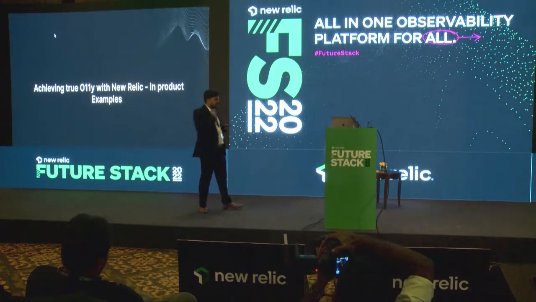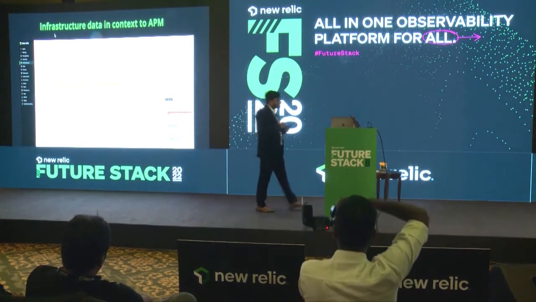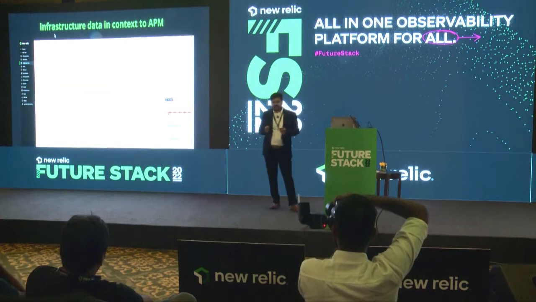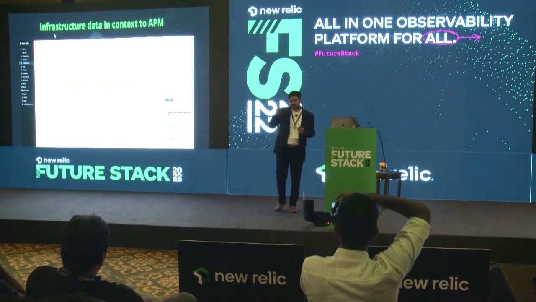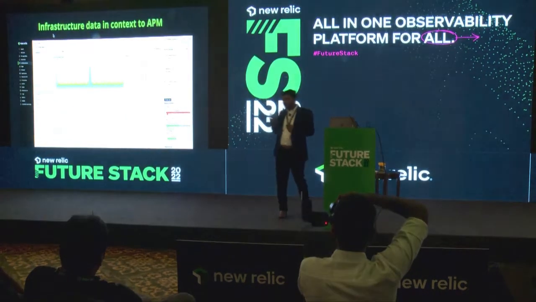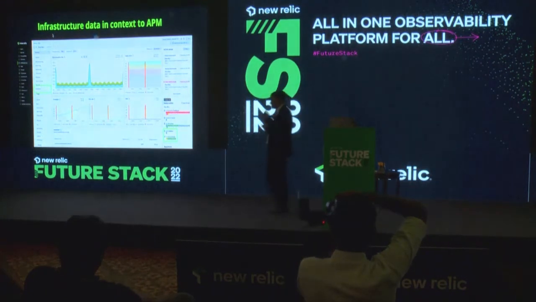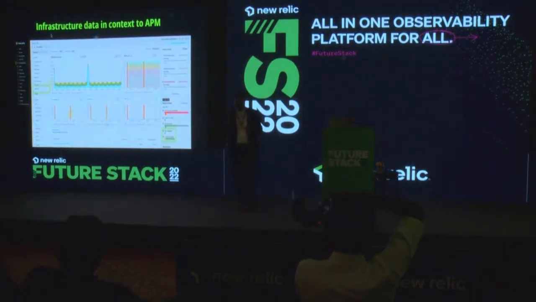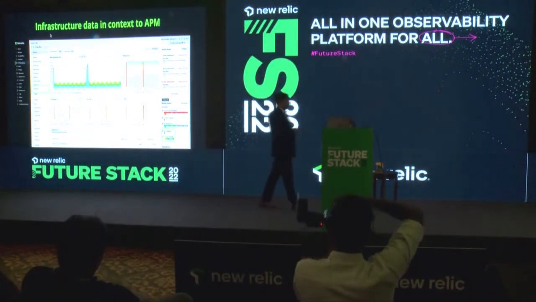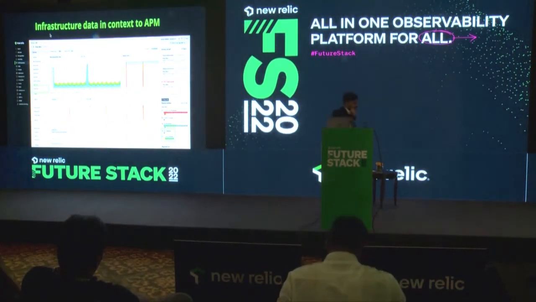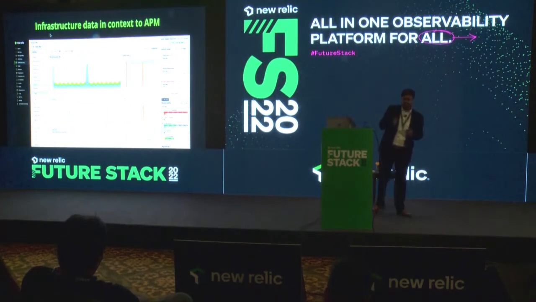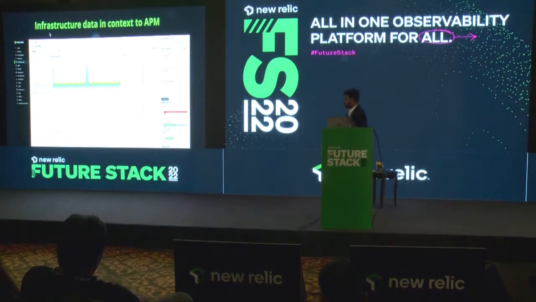Not anymore with Relic. With Relic, as you now notice, alongside your application data, you have in context infrastructure health data right there. And these are from across your infrastructure components like containers, pods, databases, hosts, and even more.